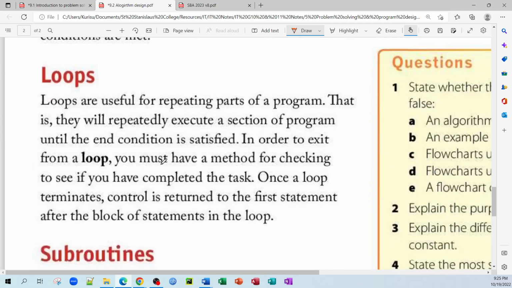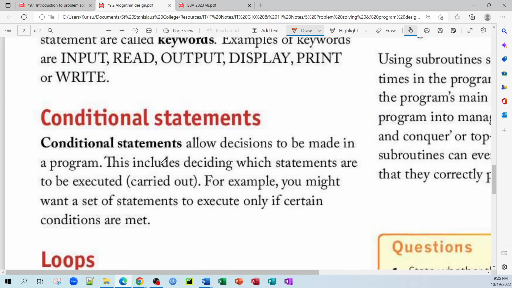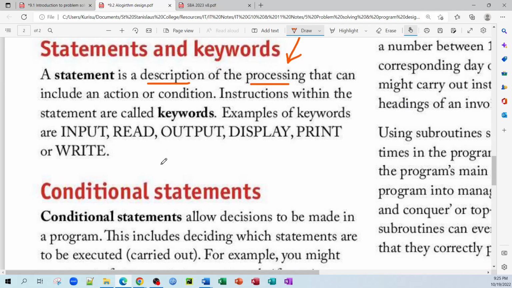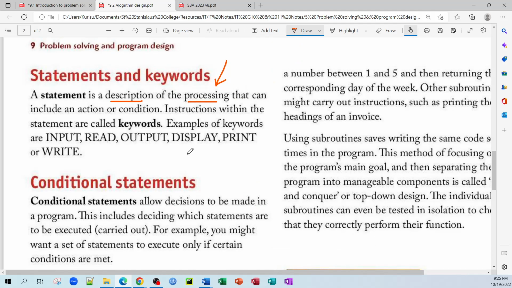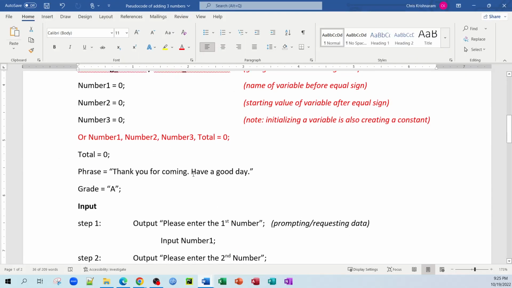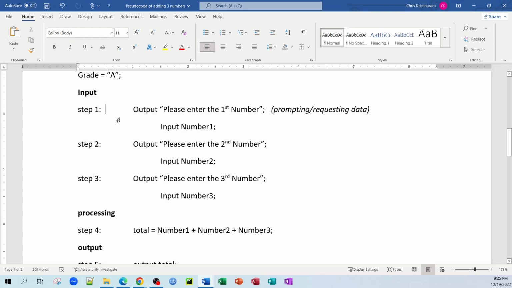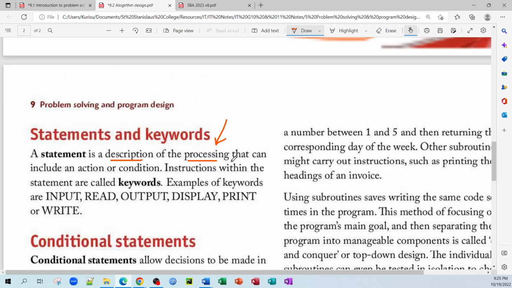Alright, so here's what we're gonna do, because I actually want to go into explaining this part of it. I think we covered enough information, because this can go into the other part of the pseudocode, which is input, and that's a lot more information to cover.